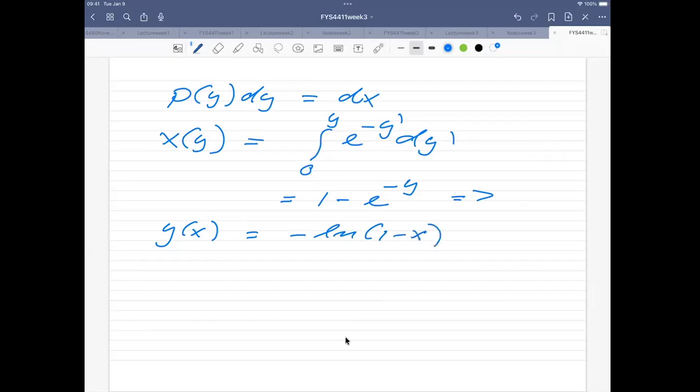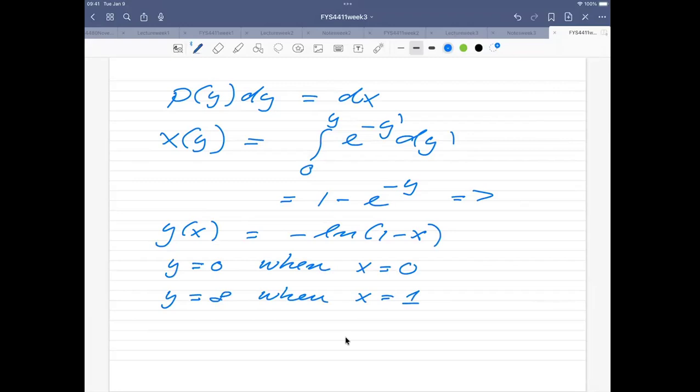And you see now quickly that y is equal to 0 when we have x equal to 0, because if I put x equal to 0, I have ln 1, which gives me 0. And then it's equal to infinity, which is the other extreme, when x is equal to 1, because then we have log of 0 and minus log of 0.